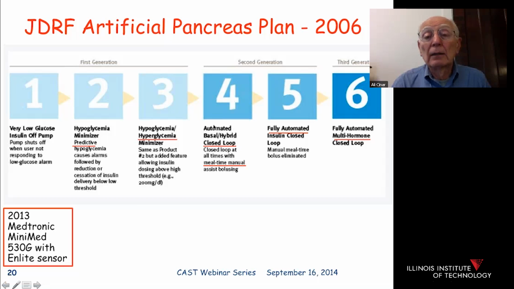And then the next level is the automated closed loop for basal and hybrid with a manual mealtime information at mealtime to assist boluses that would be given. The next level is the fully automated insulin in closed loop. And then the final level, as it was perceived about 8 years ago, was the multi-hormone closed loop system.